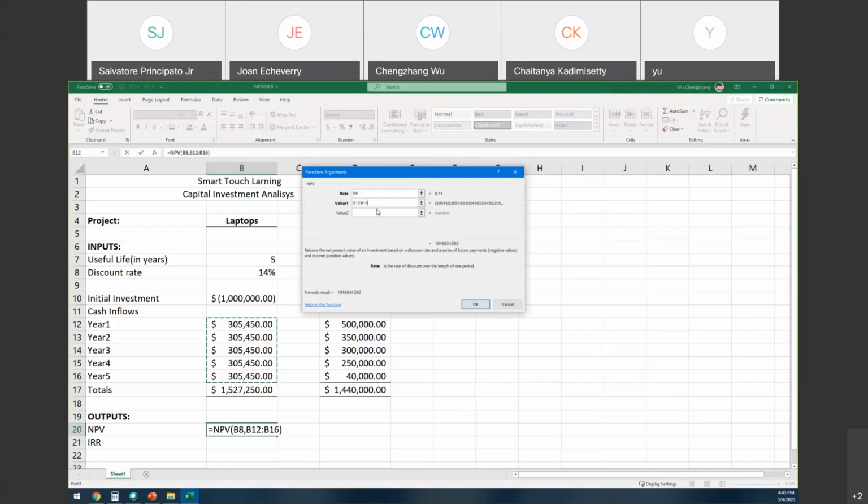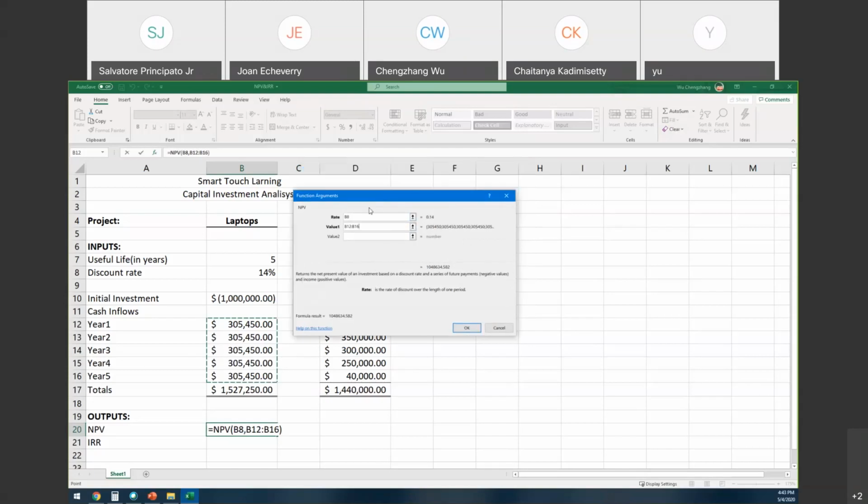That is cell B12 to cell B16. Within this area, we know 5 cells are counted. So this is how to use the NPV function.